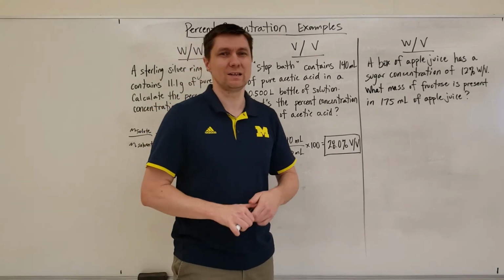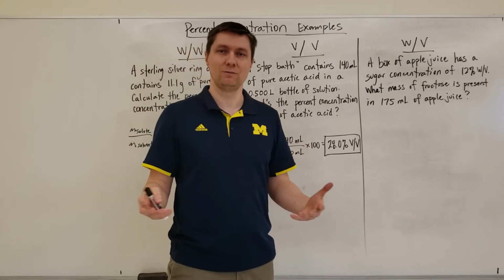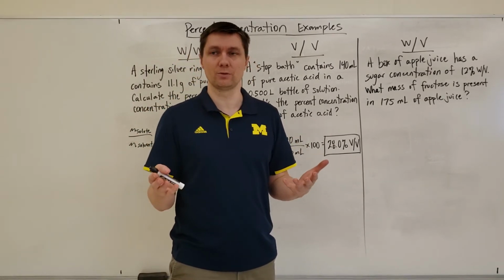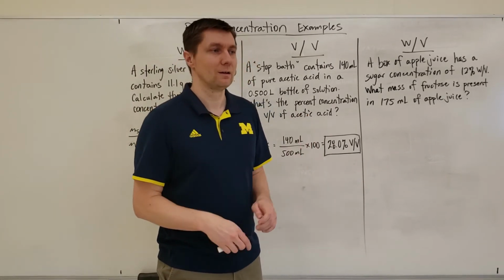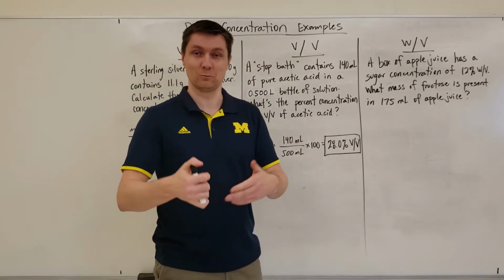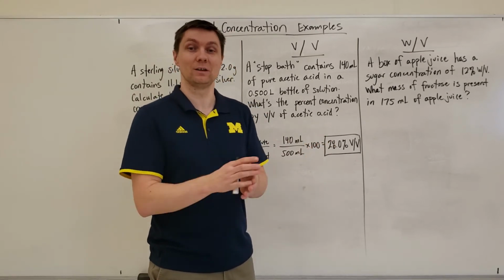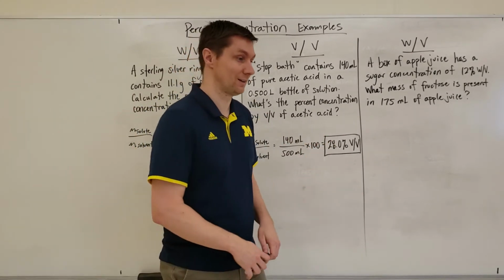The way that I like to show kids how to do stuff like this is to think about it in terms of calculating a percentage for an exam. For example, if I told you that you got 12% on an exam, which hopefully never happens to you, but let's say hypothetically a student gets 12% on an exam.